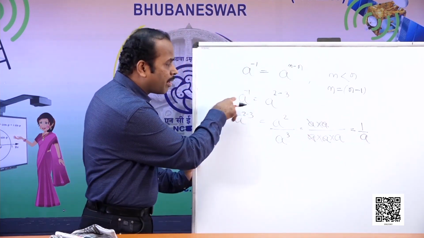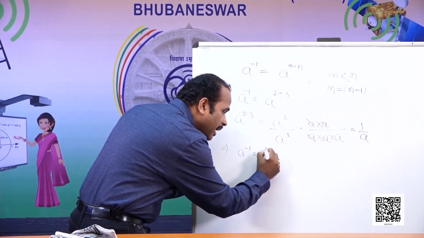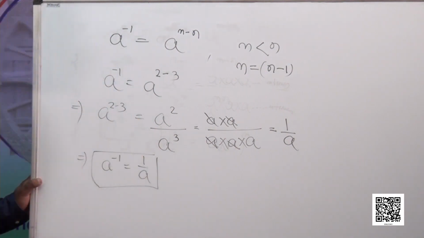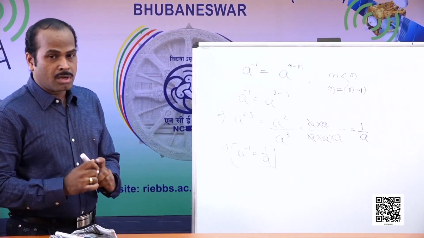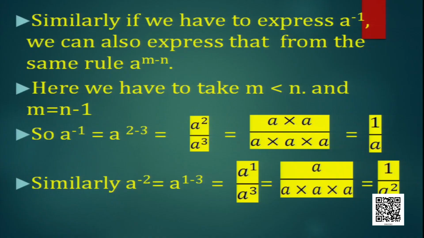So a to the power minus 1, finally I got 1 by a. So this is an expression we have derived from the laws of exponents. So from the laws of exponents we find that a to the power minus 1 is equal to 1 by a.